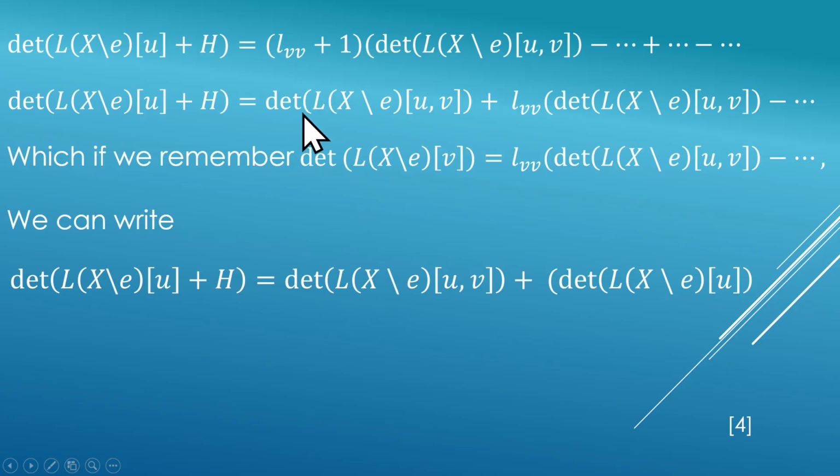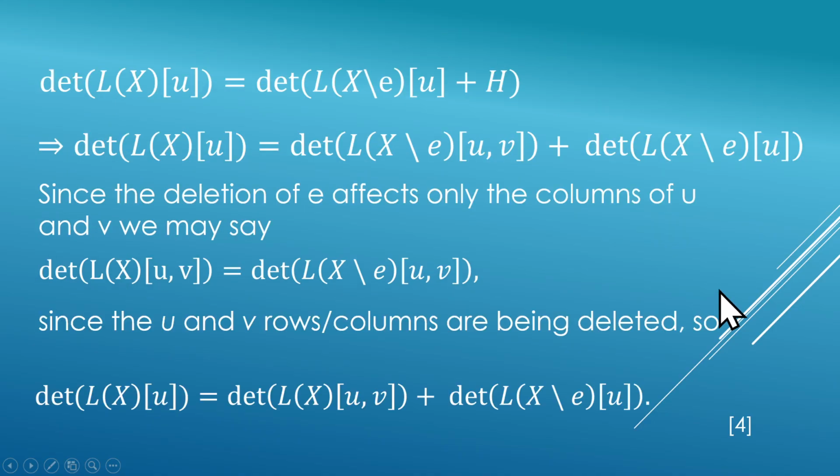And when we distribute that, we get the determinant of the Laplacian deleting U and V plus this here. But this is what we said was the determinant of the Laplacian of x delete E delete U. And so that will allow us to write this now, where the determinant of the Laplacian plus H is equal to this determinant where we're deleting U and V plus the determinant where we're deleting E and U. And so now here, we'll plug that back into our original equation.